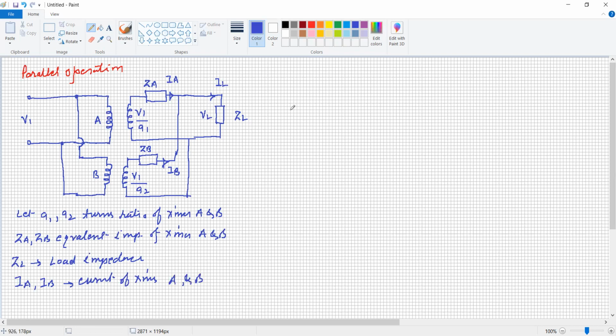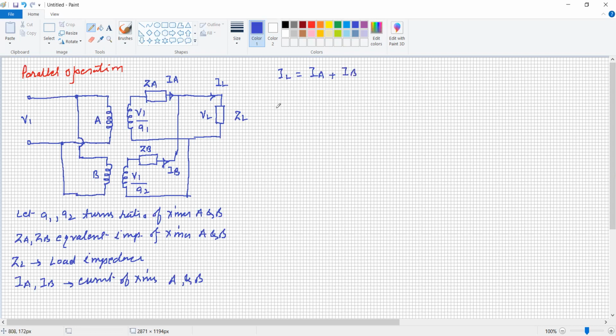Now apply KVL and KCL. For the load current, IL is equal to the addition of IA plus IB.